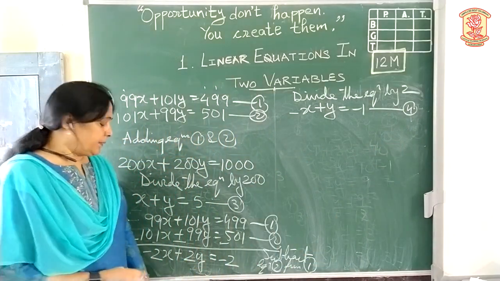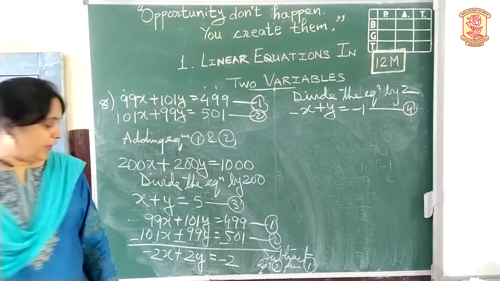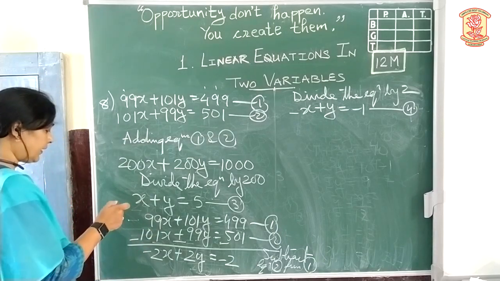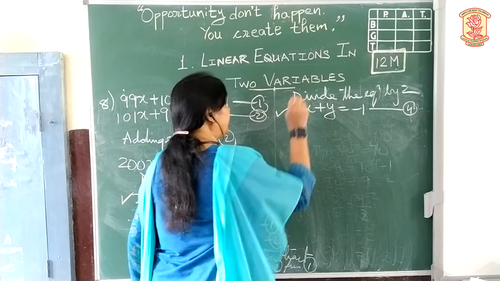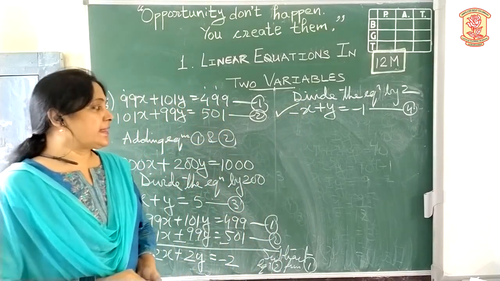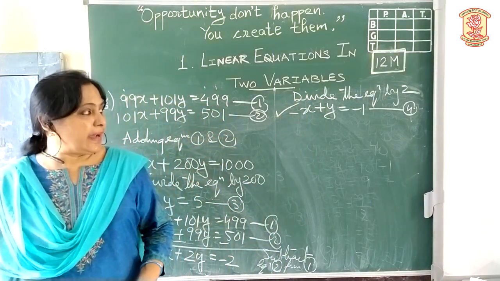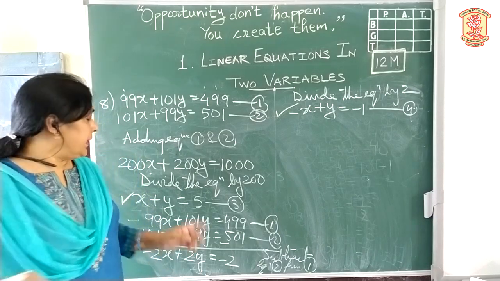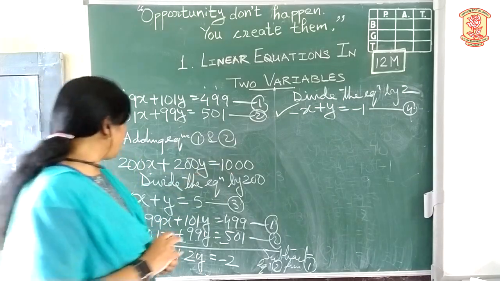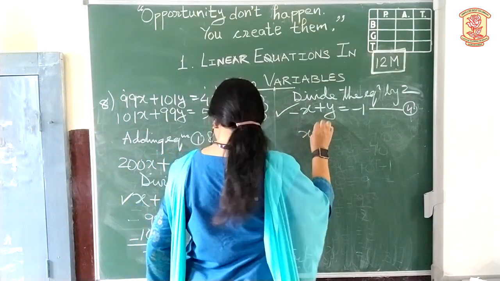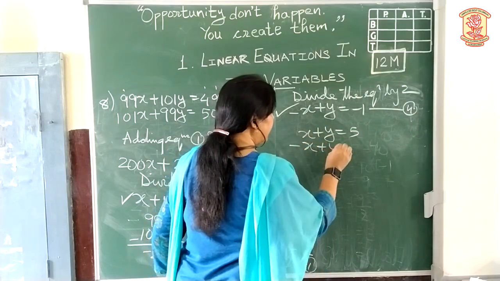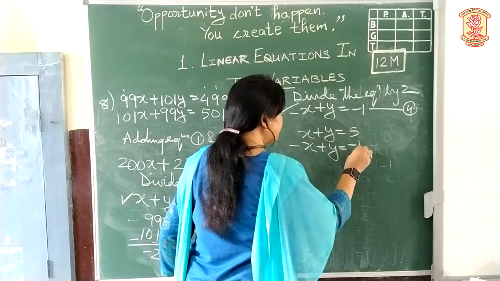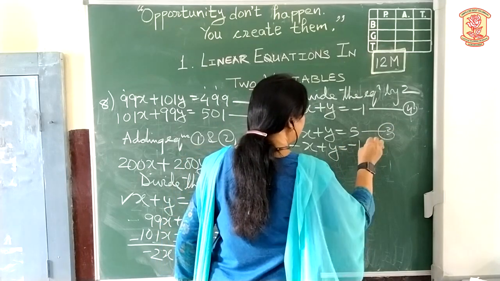Now by adding, we got the third equation, x plus y equals 5, and by subtracting we got minus x plus y equals minus 1. Now we are going to take these two equations, the third and the fourth, and solve them.